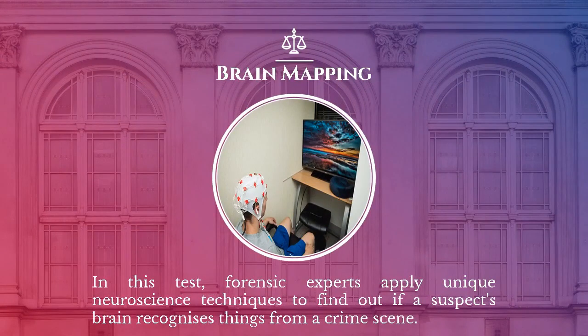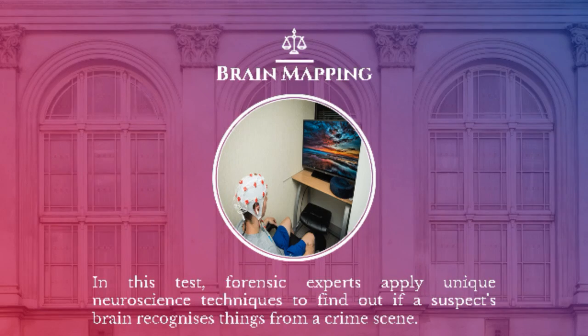Brain mapping is a comprehensive analysis of brainwave frequency bandwidths. In this test, forensic experts apply unique neuroscience techniques to find out if a suspect's brain recognizes things from a crime scene which an innocent person's brain will have no knowledge of.